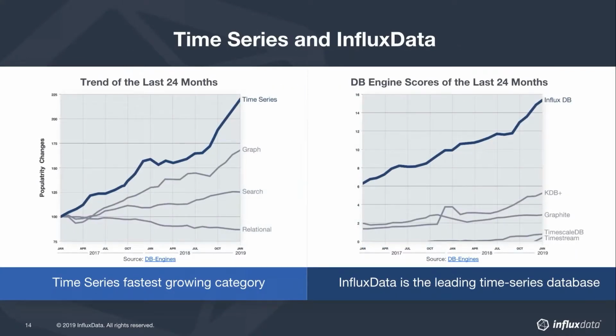And let's look at how time series data is growing as a category of the kind of data that people are storing. It's the fastest growing category among types of data being stored, as well as InfluxData being the leading time series database. So we're really happy to be leading the pack on this.